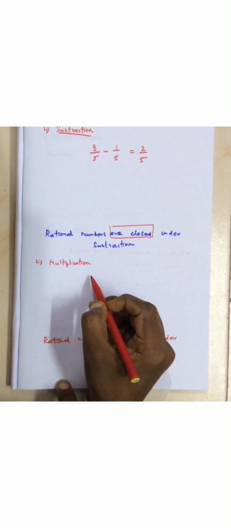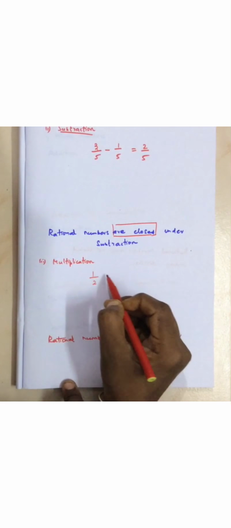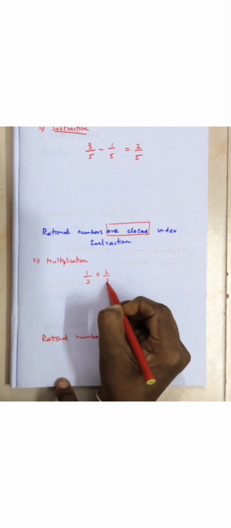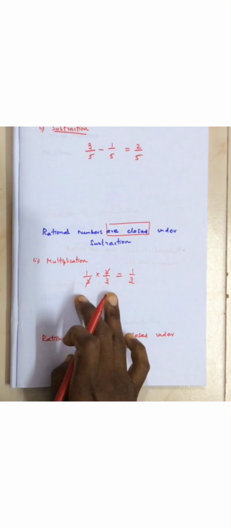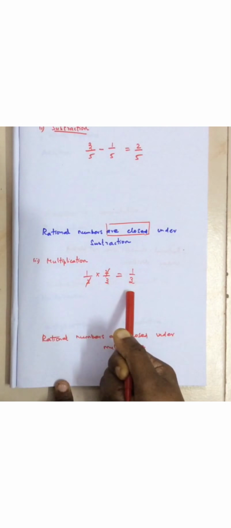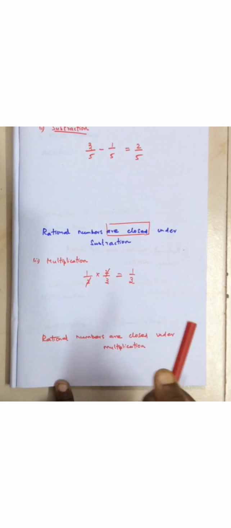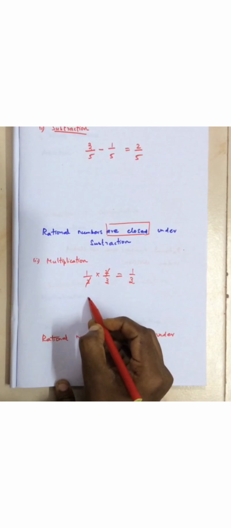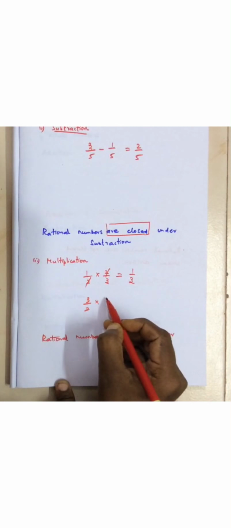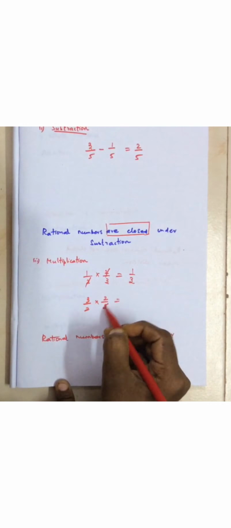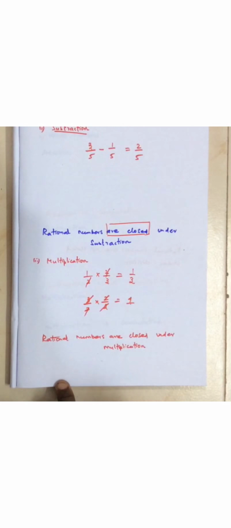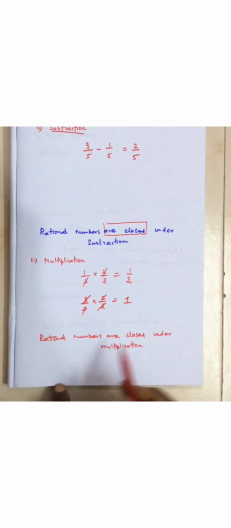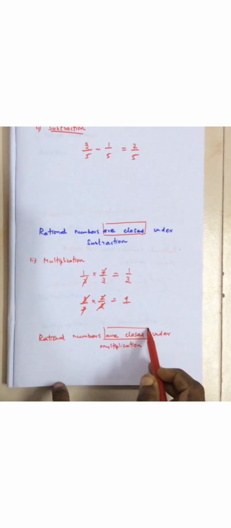Now it is very easy. Take 1 by 2 multiplied by 2 by 3. We can cancel 2 to get 1 by 3. When you multiply two rational numbers, the answer is also a rational number. Even if you have 3 by 2 multiplied by 2 by 3, the 3s cancel, the 2s cancel, and we get 1. 1 is also a rational number. So rational numbers are closed under multiplication.